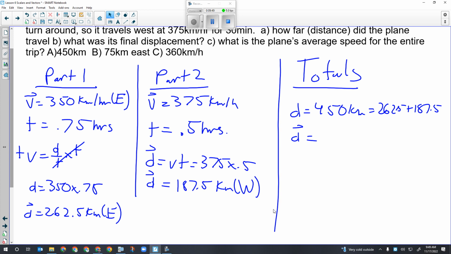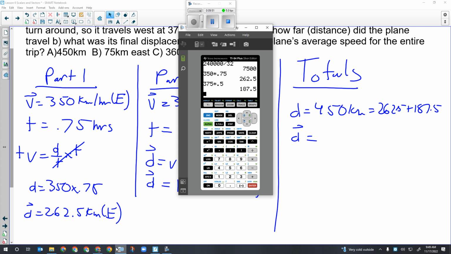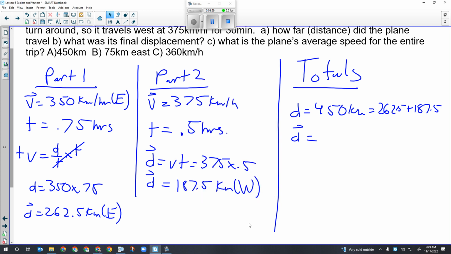Okay, so I'm going to take that 262.5 and subtract the 187.5. So we end up 75 kilometers east of where we started. Okay?